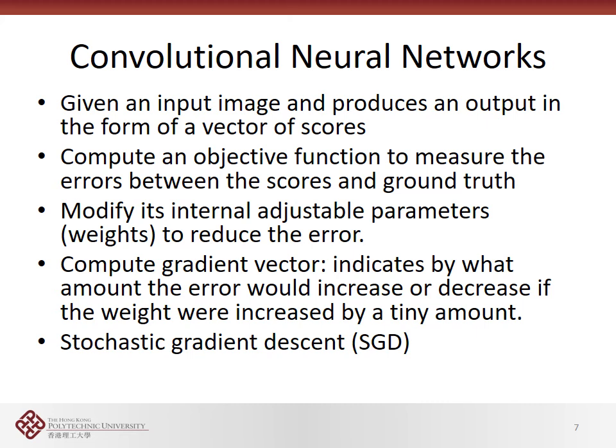We use a technique called stochastic gradient descent to calculate this. In such a case, we can adjust the weights, the parameters, to minimize the objective function and reduce errors, so that when we input an image, we can get satisfactory results based on the model.